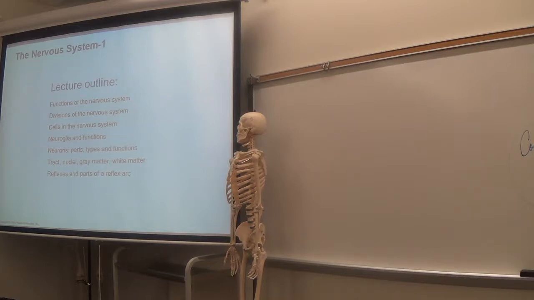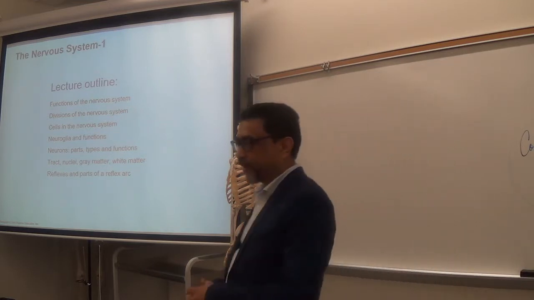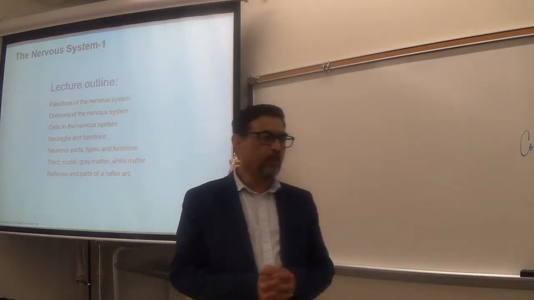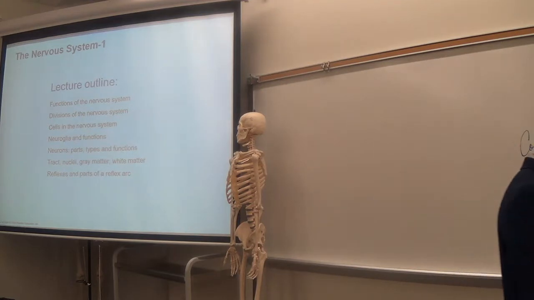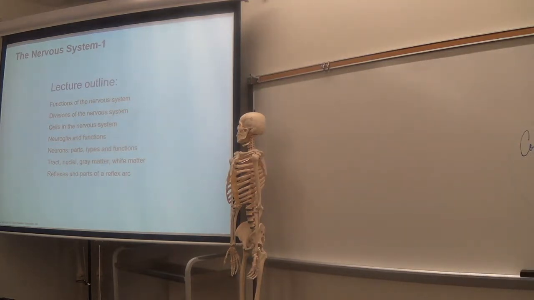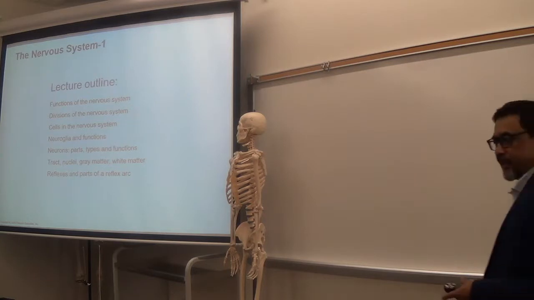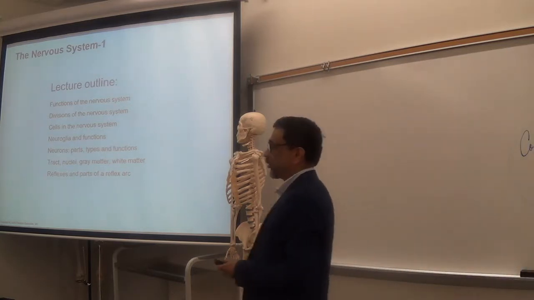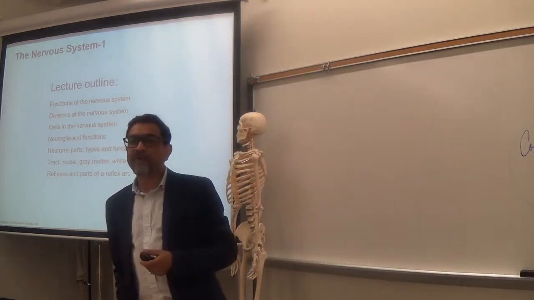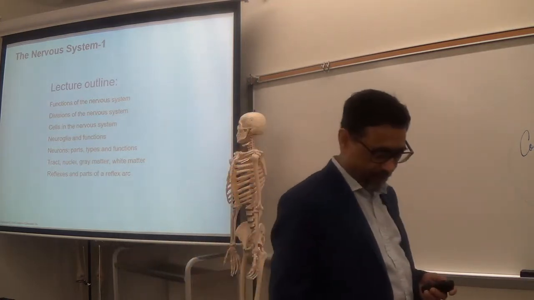As you know, two systems of your body belong to the control systems, right? The nervous system and the endocrine system. The nervous system is the first acting control system.